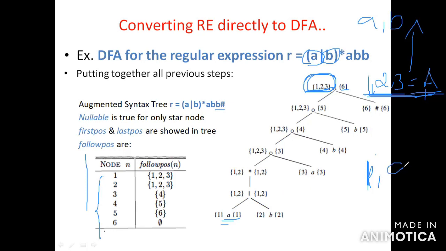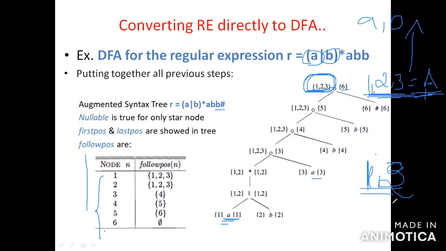So for input symbol a, the positions are 1 and 3. They are marked with small a.